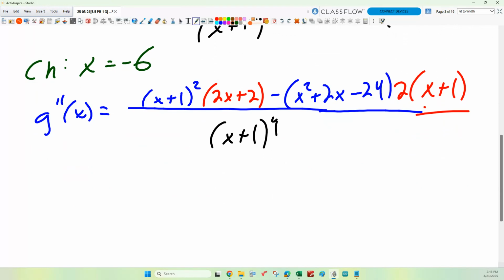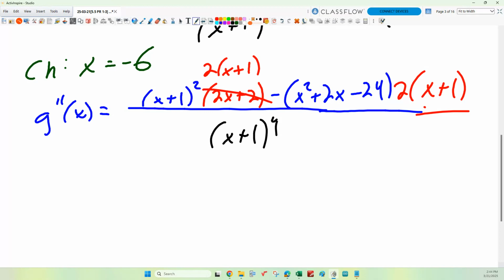Do you see something good here? Rather than having to expand this whole thing out, can I factor out something instead? Yeah. In fact, look what this is. 2x plus 2. Isn't that the same thing as 2 times the quantity x plus 1? Yeah, look, I can take those out right there, can't I?